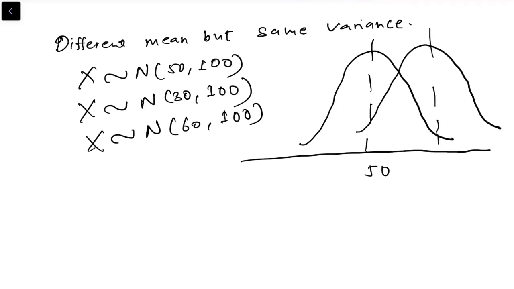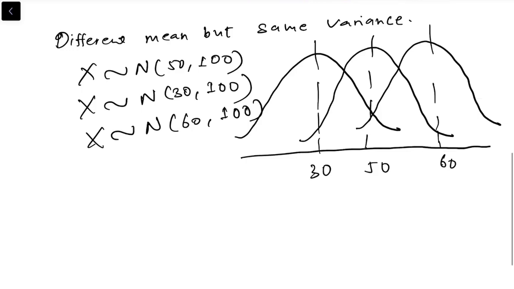Okay, although the graph is not that good, but you can understand the concept. So if you move minus 20, then the graph will shift to the left. This is 30. Okay, so by keeping the variance constant, the graph will not change its shape, it will only change its position. Now what happens if we change the variance keeping the mean constant?